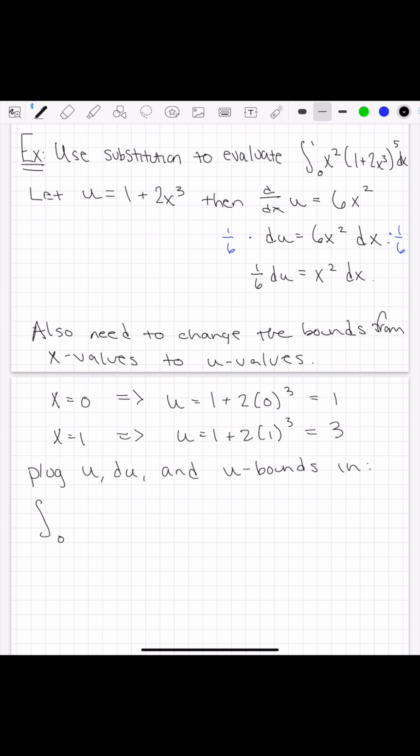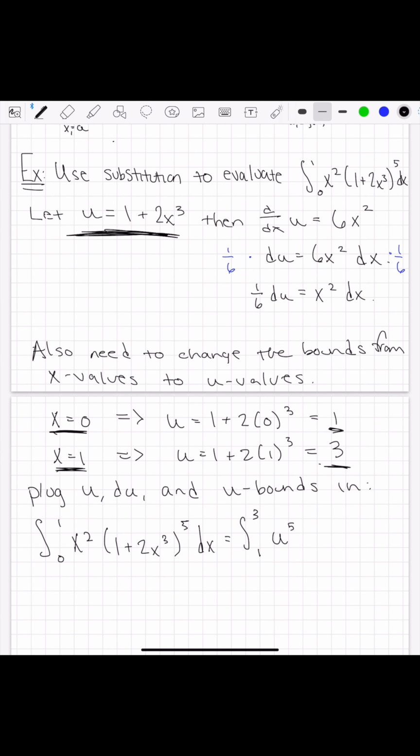Our integral, from 0 to 1 of x squared times (1 plus 2x cubed) to the 5th dx, is going to become: the x of 1 became 3, and the x of 0 became 1, and 1 plus 2x cubed becomes u to the 5th, and x squared dx becomes times 1/6 du.